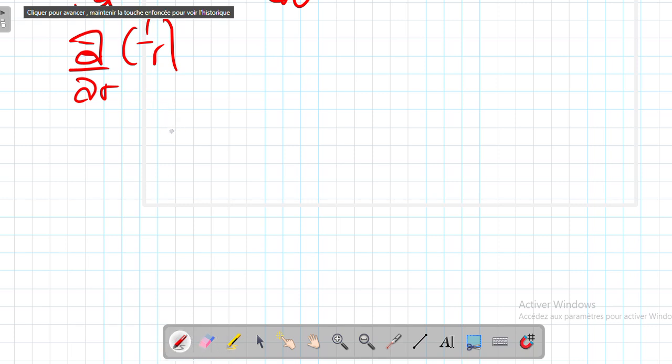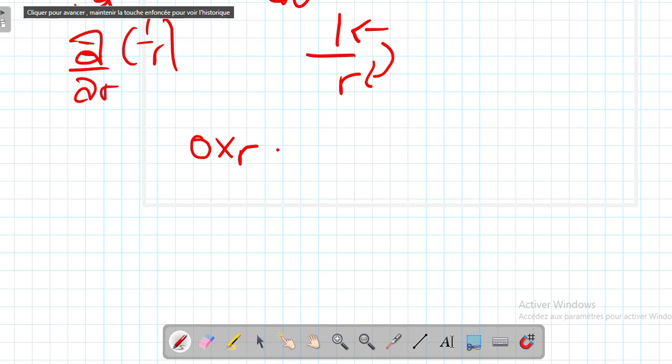Here's how you do it. You are finding the derivative of this function. You first find the derivative of what's on top. What's the derivative of 1? 0. So you say 0. Then you multiply by what's down, r.